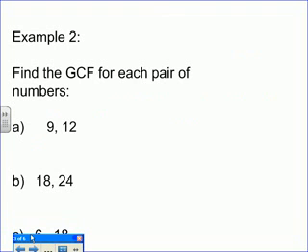Okay, let's take a look at some other examples. These are a little smaller. I'll give you a little bit of time. I want everybody to write out your work. Write out the factors of 9, and the factors of 12.